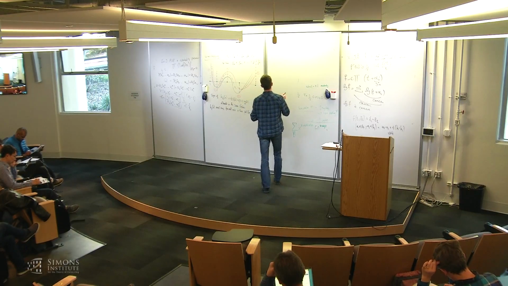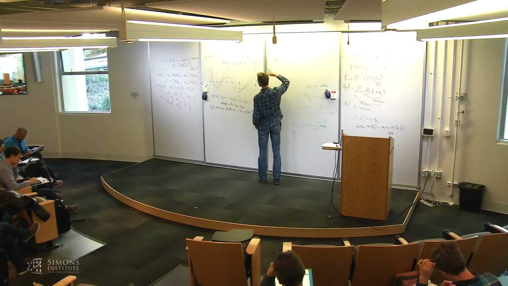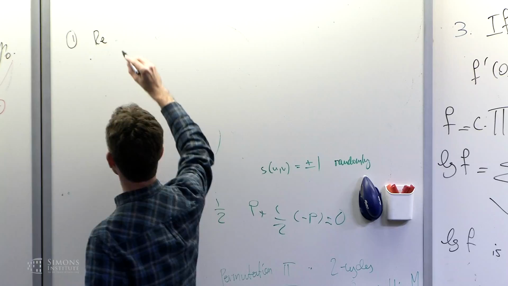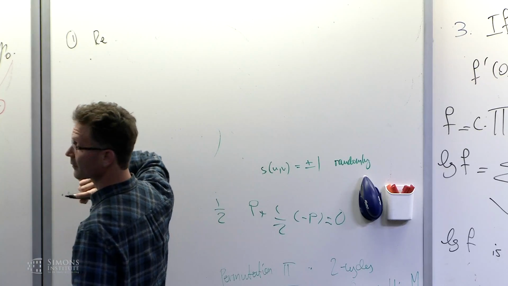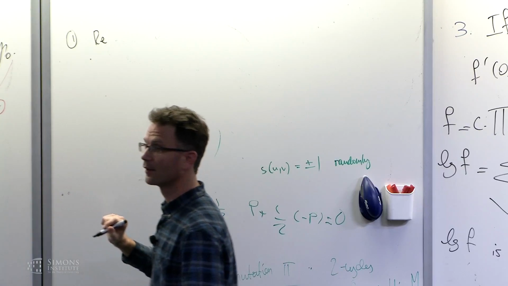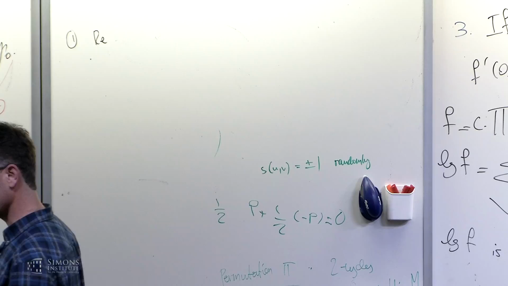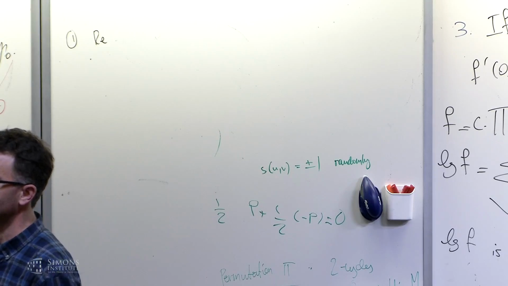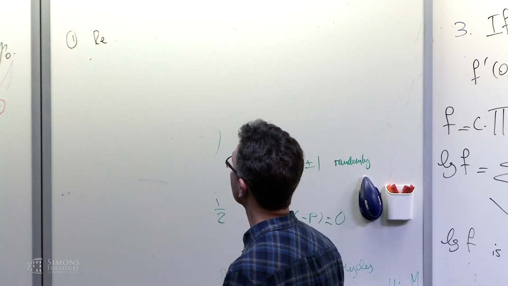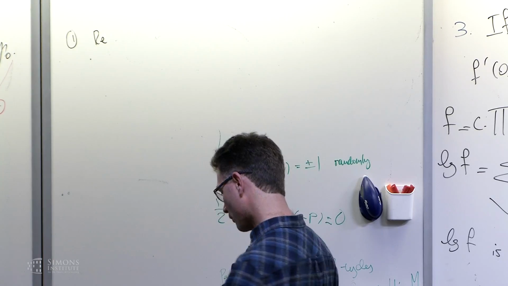So let me try to write it down. Then you have to say how you put the shared roots back in. I assume that f and g have no shared roots. And if they have shared roots, then we just divide them out. I just need to prove that all linear combinations of f and g are real rooted.